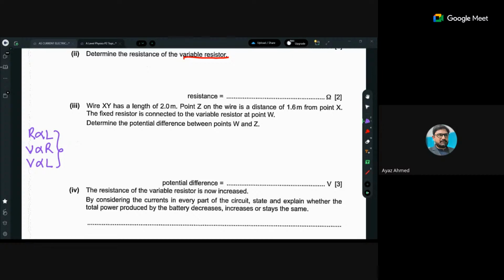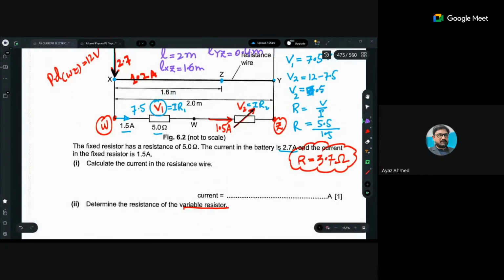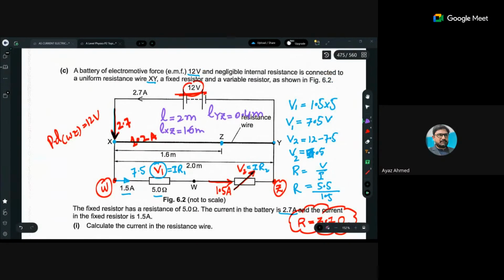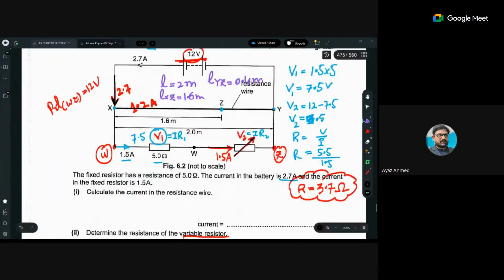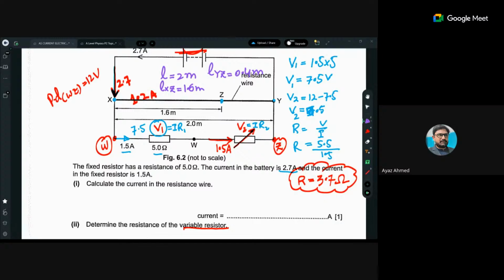What was the total resistance of the wire? I think that is not given to us. Or is it given anywhere? No, it is not given. No issue at all, we can manage it.